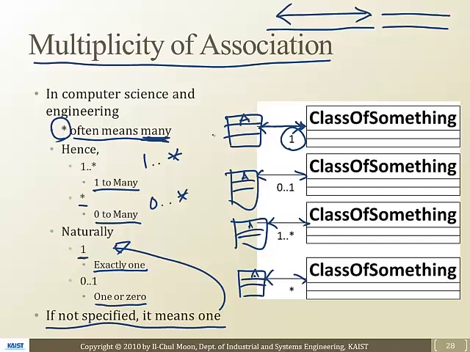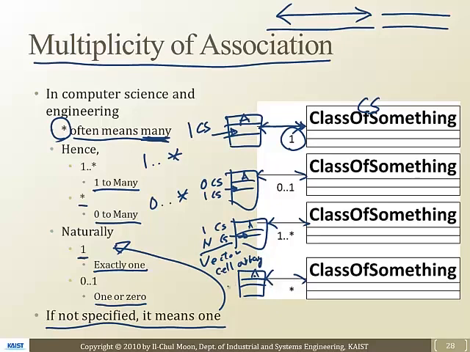So this means that in A's property part, we have one, I will just say CS, class of something. It means 0 CS or 1 CS here, okay? This means 1 CS or n CS here, which means it's going to be a vector or set array.